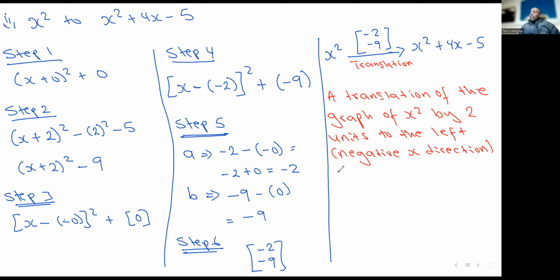And 9 units, because it's -9, means 9 units downwards, which means the negative y direction. Okay, so I hope this was clear.